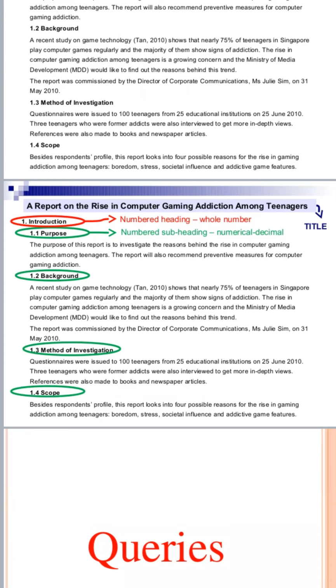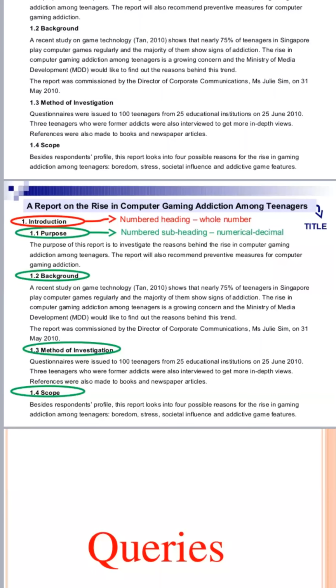If the introduction is number 1, then its first subheading, purpose, is 1.1. The other subheading, background, is 1.2. As many subheadings as you add under heading 1, you increase their numbering 1, 2, 3, and 4. So you can see how we have to number headings and subheadings.